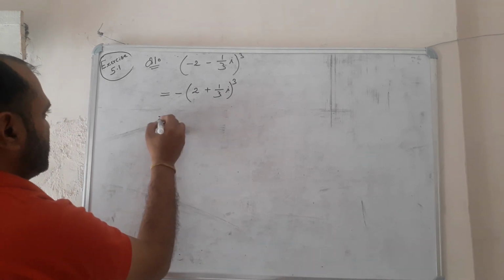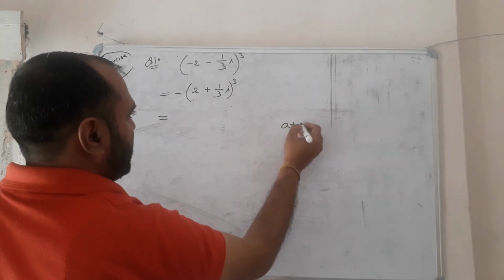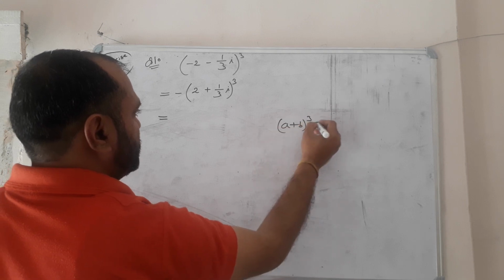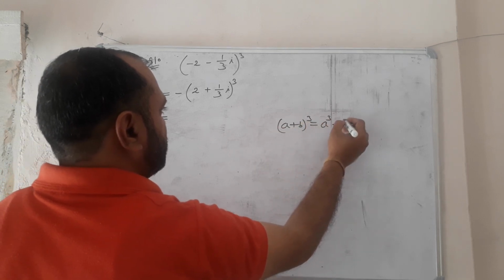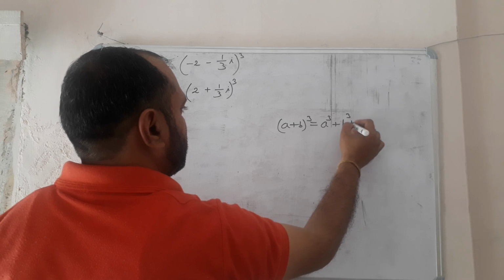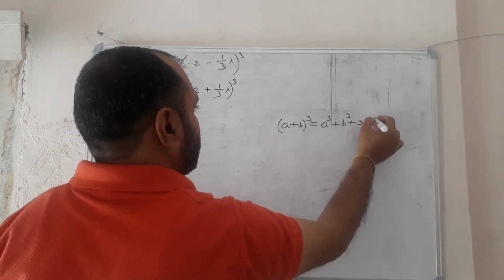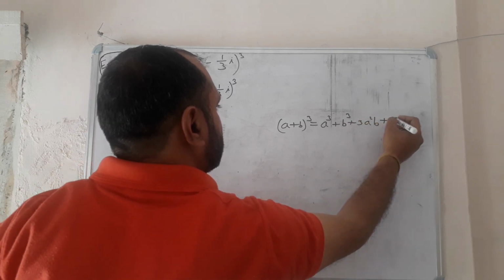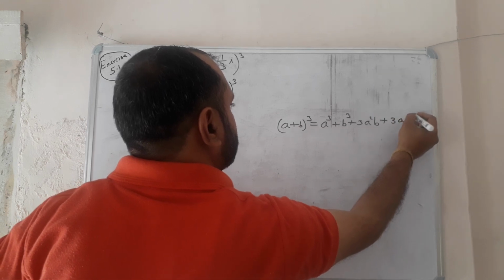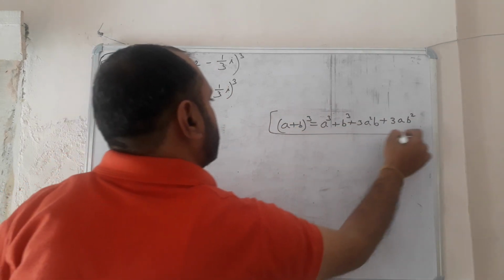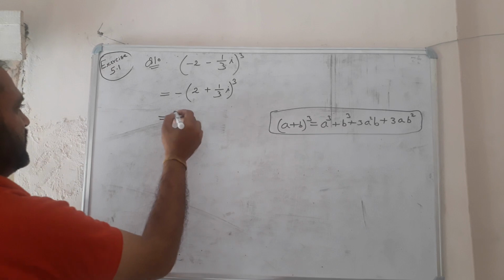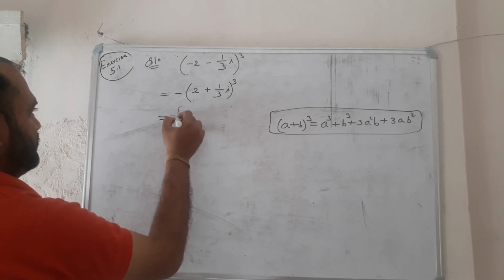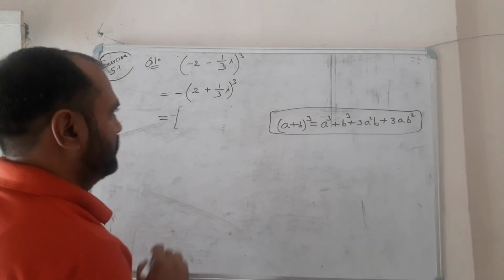Now I am using the identity a plus b whole cube, that is a cube plus b cube plus 3a square b plus 3ab square. By using this identity, we have minus common outside.